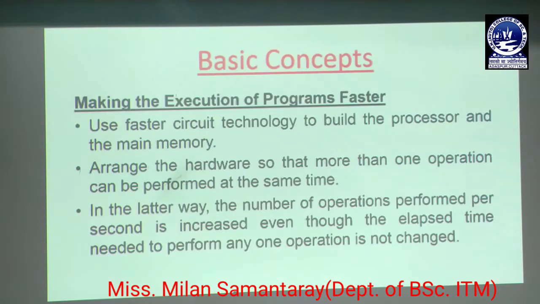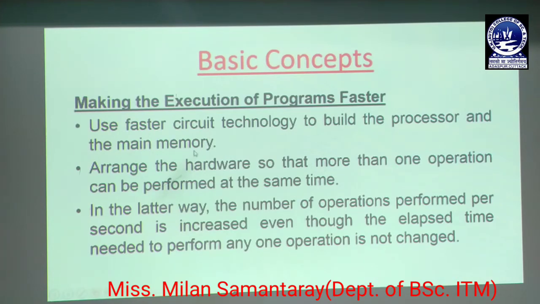So, next let us go to the basic concept of pipelining. The first concept is that somebody wants to execute the program faster, or when we are choosing a computer system, at that point of time we discuss the speed of the computer system. Then how will we get a faster system? That is done by involving a faster circuit technology to build the processor and the main memory.